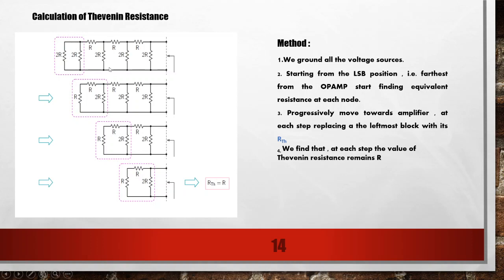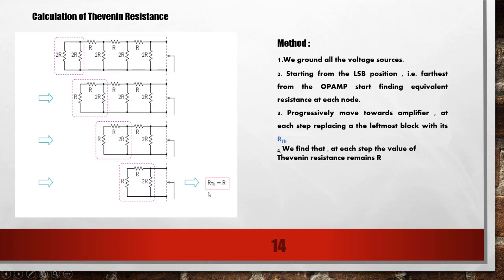Now we come to this point. Again R, R and 2R. So again 2R and 2R in parallel. Again it gives a resultant of R. Replace that here. Then go to this point. So if you see, no matter how many levels you go, it will always come to an effective resistance of R. RTH is equal to R. So the Thevenin resistance has to be equal to R.